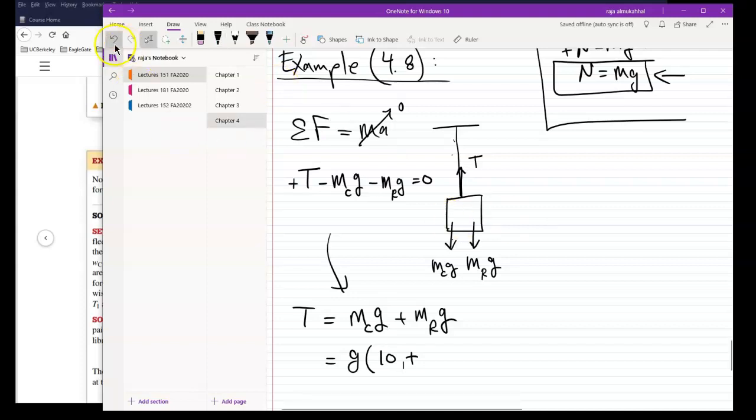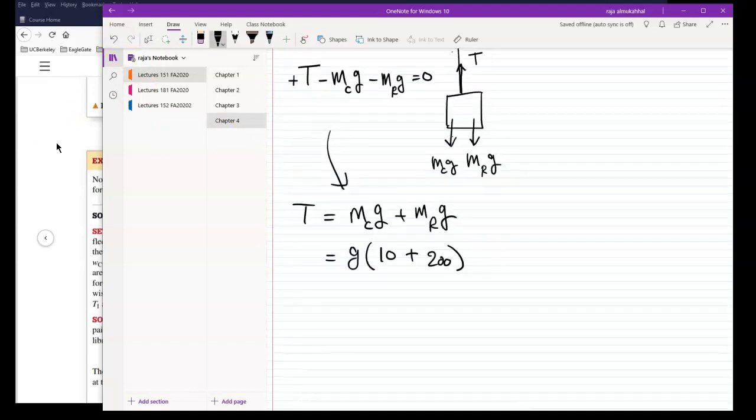I forgot. 200. And then we just calculate that. That's 9.8 times 210. I have my calculator: 210 times 9.8. Answer: 2058.